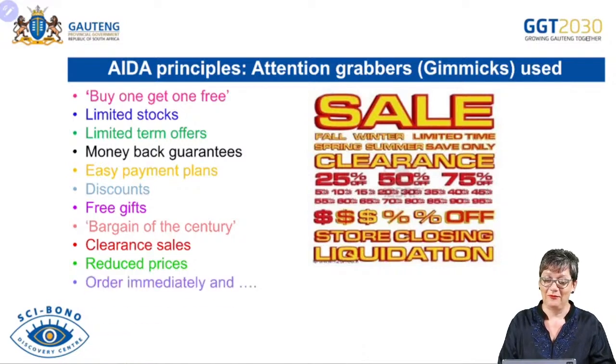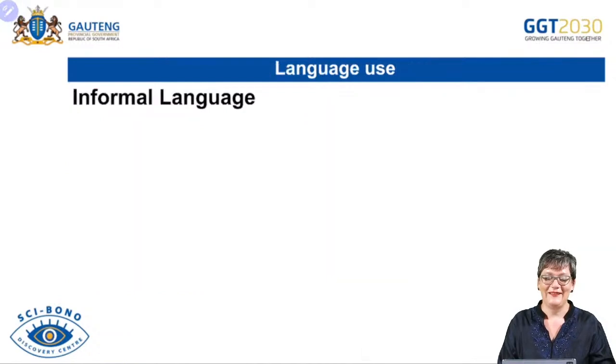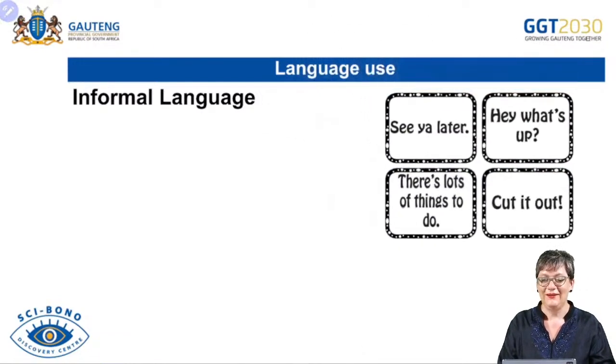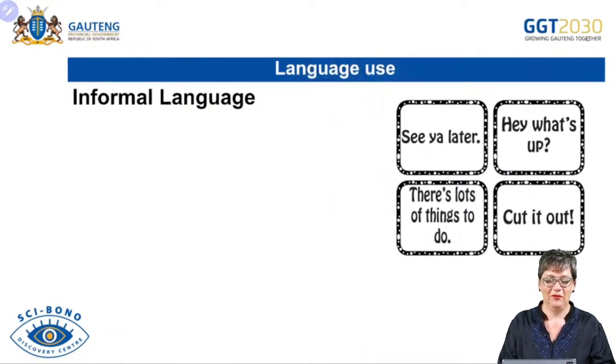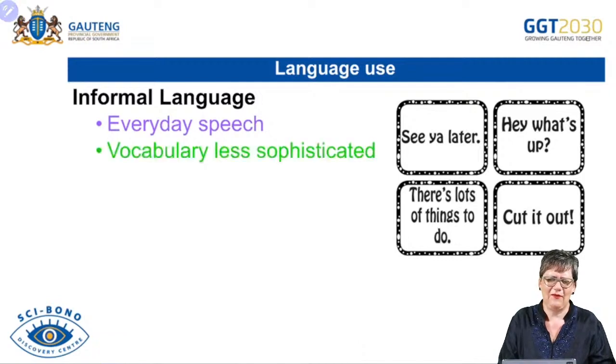So be careful. Right. The main thing they use is language. So when you look at an advertisement, be very mindful of the language they're going to use. That is one way how they will persuade you to buy the product. Now they can either use informal language, which is everyday speech, the words we use every day.